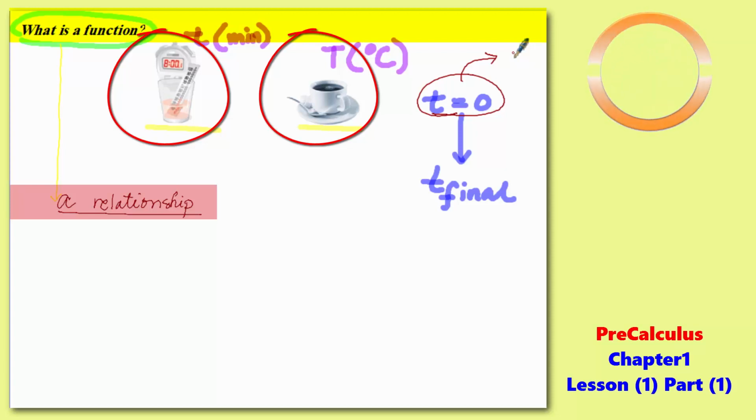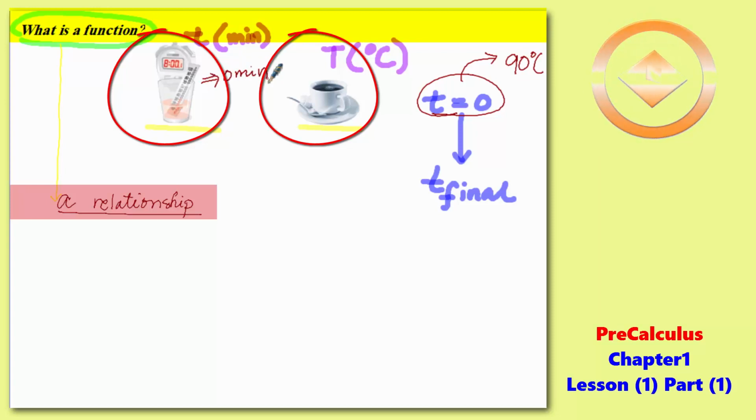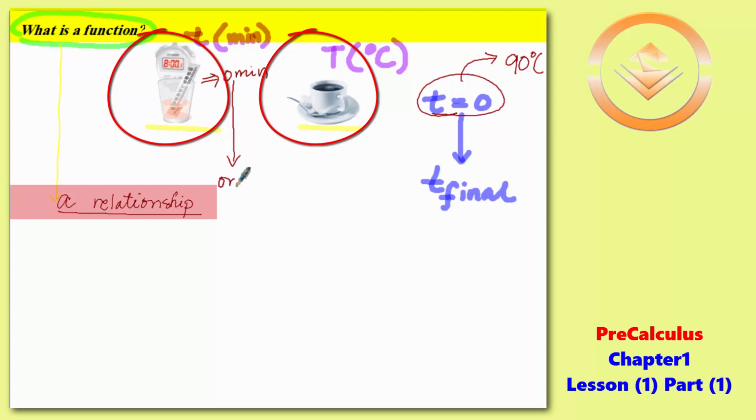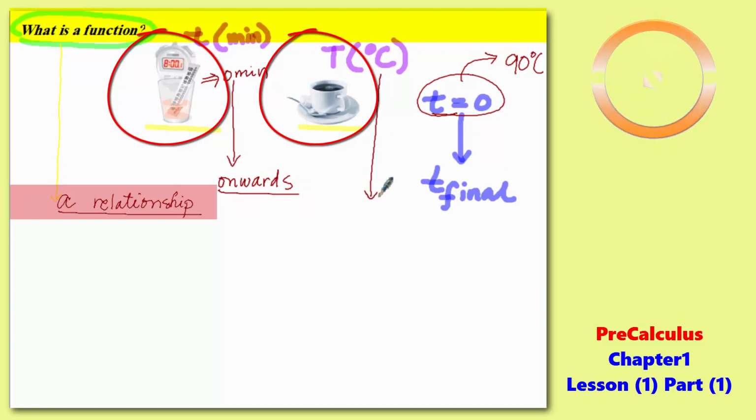So let's say at 0 minute you have 90 degrees Celsius. So as you can see, there is a relationship between the passing of time from 0 minute onwards and the temperature of the coffee from 90 degrees Celsius down.